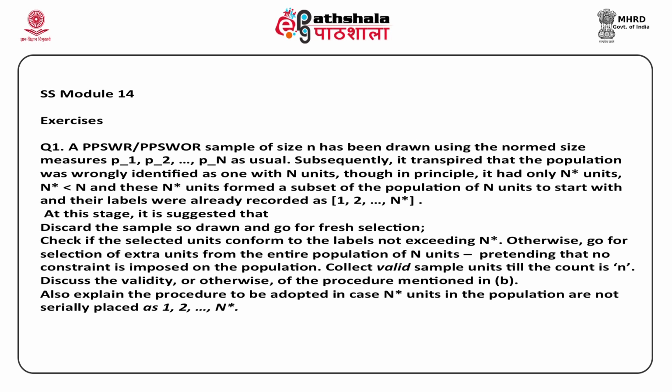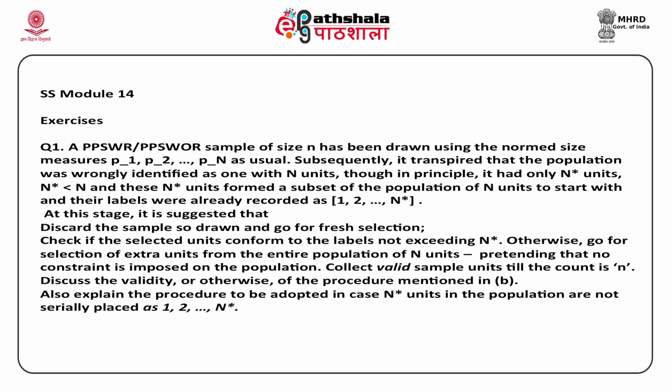So, what does it say now? You started with capital N, you did everything, now you are told no, it is not up to that part, it is only up to this much n star. So, it is only a subset of the original population units, but luckily for you, these n star are in the beginning 1, 2, 3 up to n star, after that cut, that is the idea.